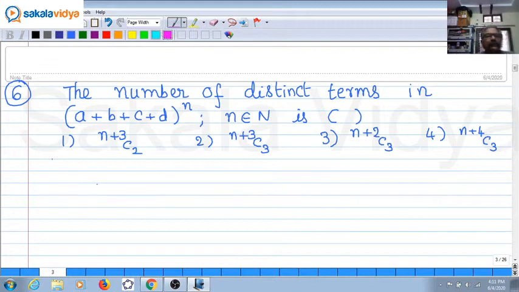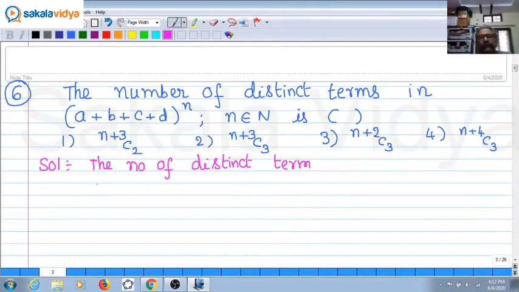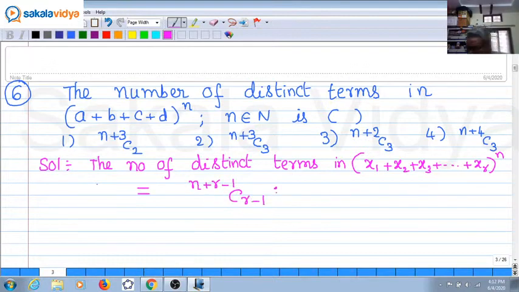Next, solution. The number of distinct terms in (x1 plus x2 plus x3 plus so on up to xr) whole to the power of n equals n plus r minus 1 C r minus 1. This is the formula shortcut we have.